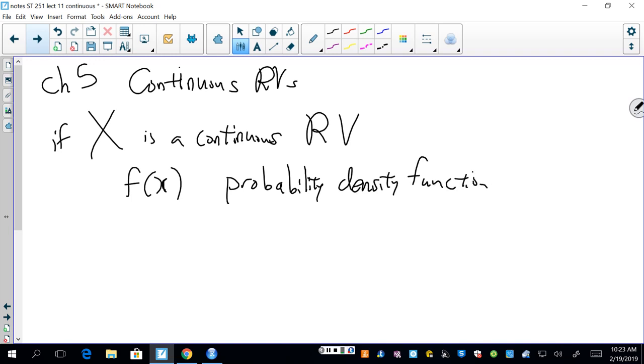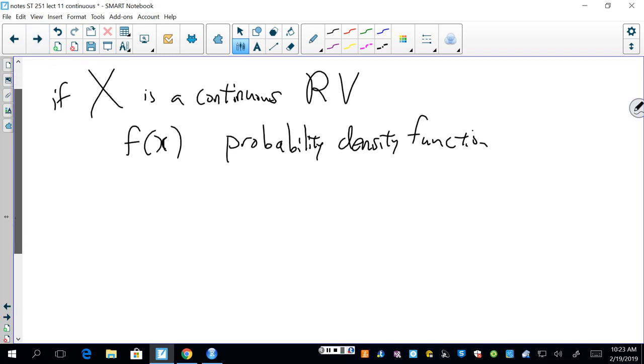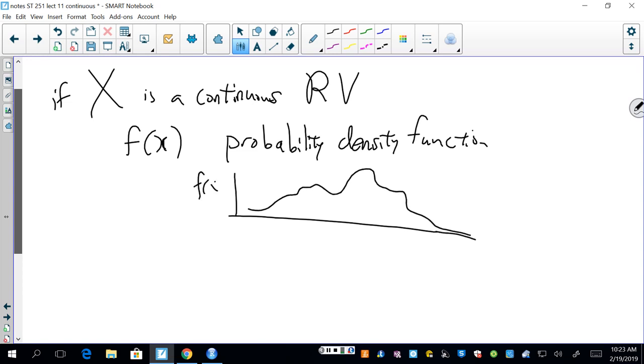That describes the likelihood of different values. And so this f of x is just a continuous function. It can have different forms. Right? And so the height of this is f of x.